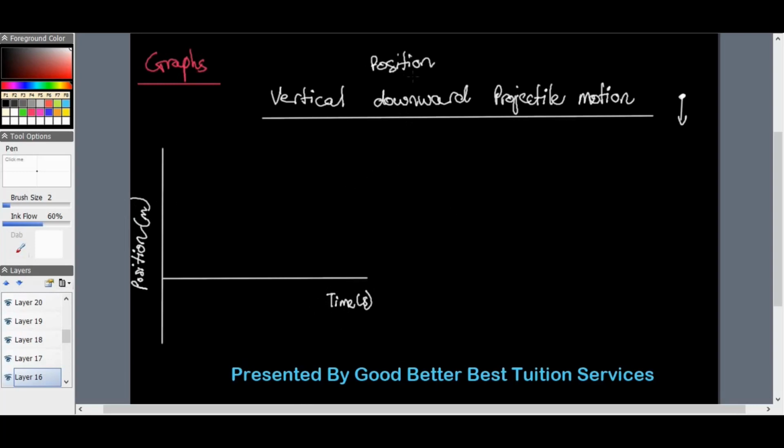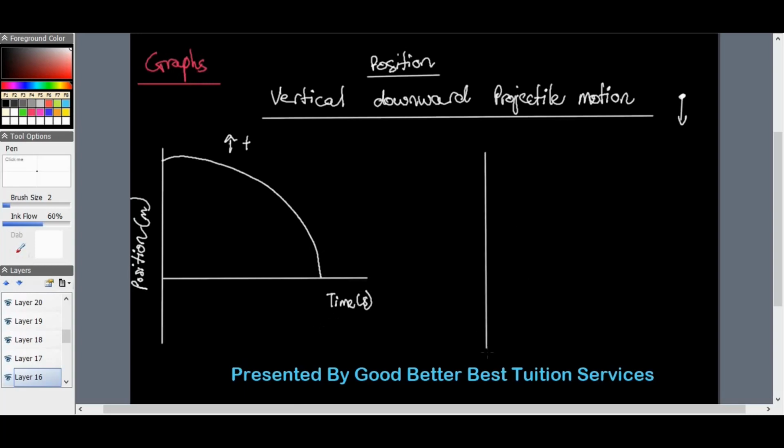Let's start with the position before we get to velocity. So this is of a downward projectile motion. If upwards is positive, the graph will look like this.